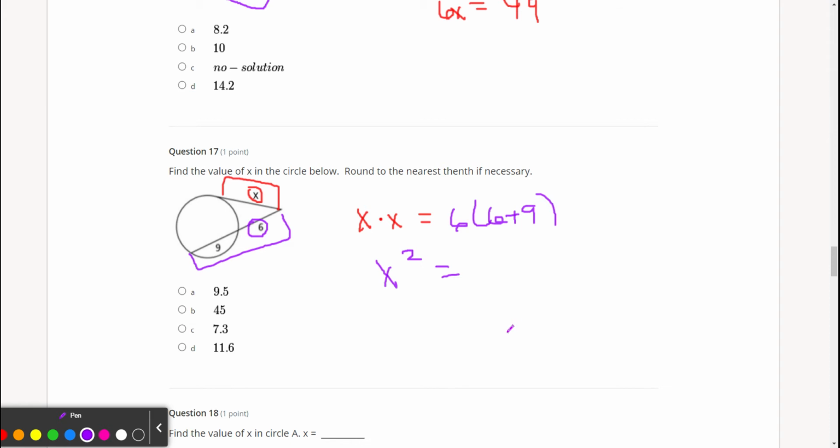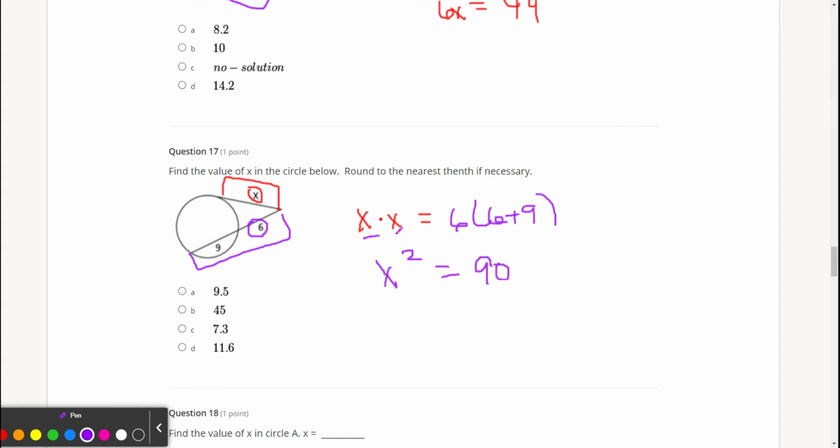Then you can put this whole thing in the calculator exactly the way you see it: 6 parentheses 6 plus 9, close parentheses, and you get 90. And then take the square root. So 9 plus 6 is 15, and 15 times 6 is 90. So 90, square root of 90.